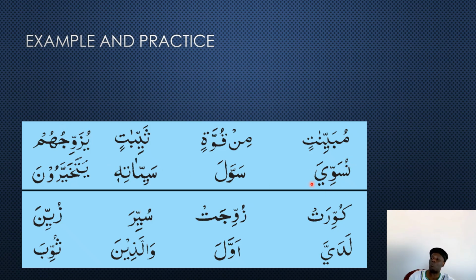Nusawiya. Sawala, sin, waw, shadda here. Sayyiatihi, alif here with fatha muqaddara, and ha with the kasra muqaddara. Yatakhayyarun. Kuwirat.